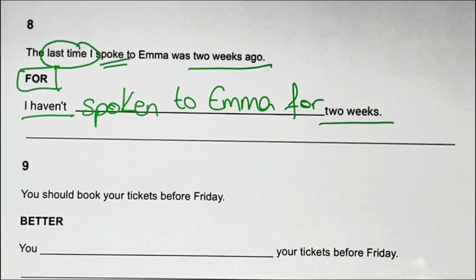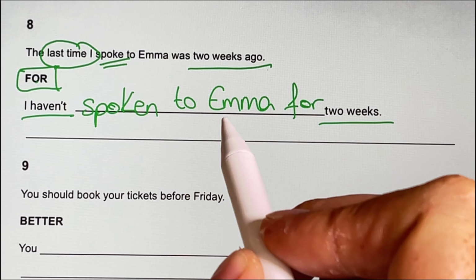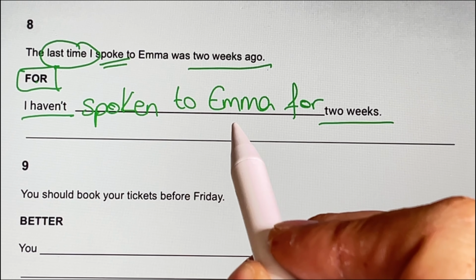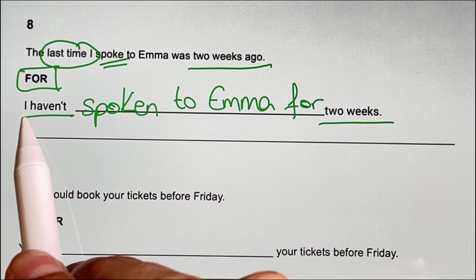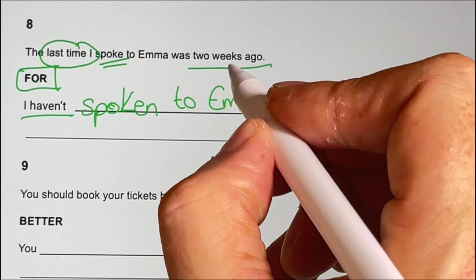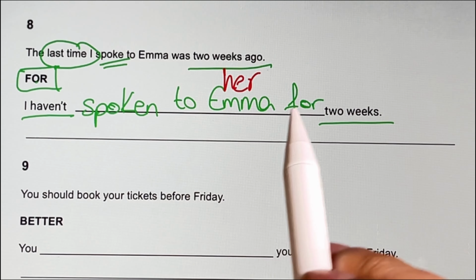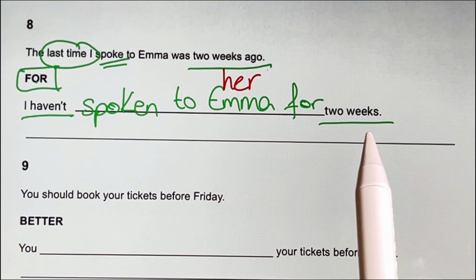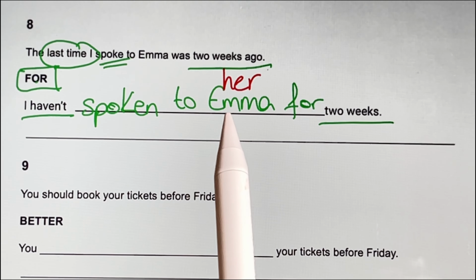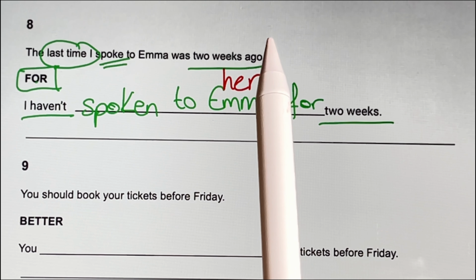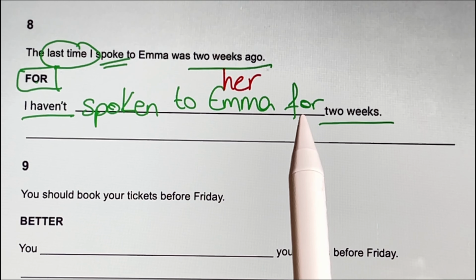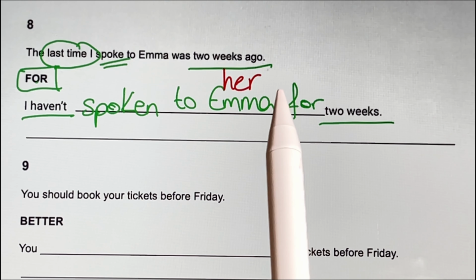Now, you have to be careful with this, okay? My students, sometimes they do this. They say, okay, I haven't spoken to her, just to shorten it. I haven't spoken to her for 2 weeks. Now, in the instructions of this exercise, you have that the first sentence and the second sentence have to be similar.